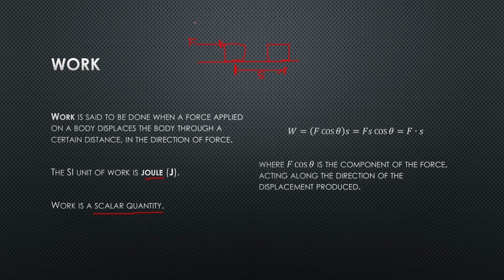Force can be applied at a certain angle theta, and the movement of the object is along this direction. So that is simply F cosine theta, and it is multiplied by displacement or distance.